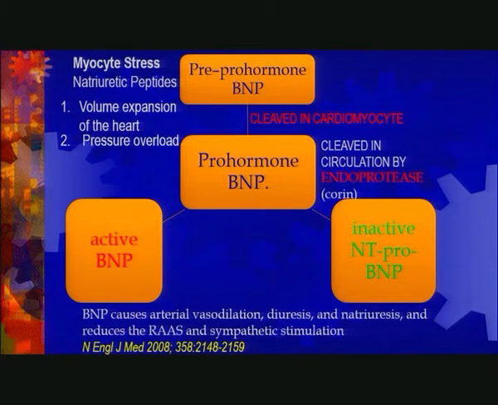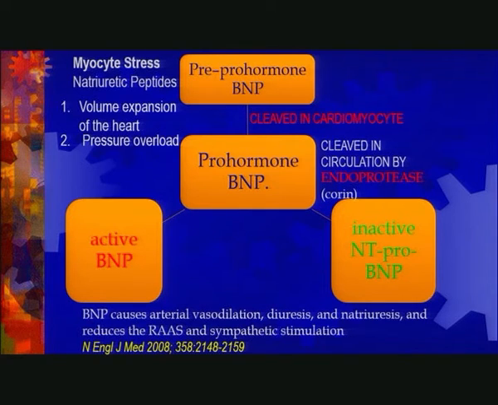The N-terminal fragment is inactive, but they found it very important for detecting or measuring the outcome of heart failure, because it is another way this hormone, BNP, is produced. So we can use both of them as markers to detect the outcome of heart failure. They found that this marker is very important in diagnosing heart failure, as well as in following up patients with heart failure.